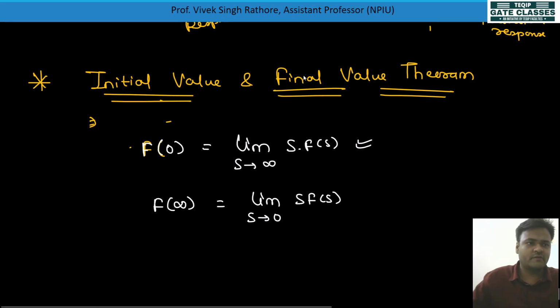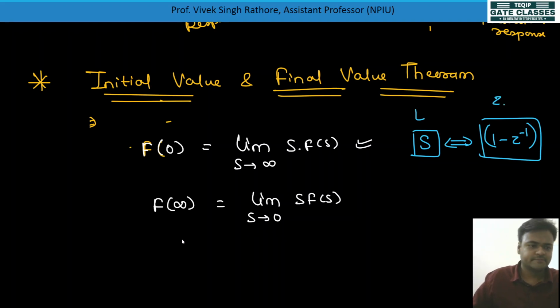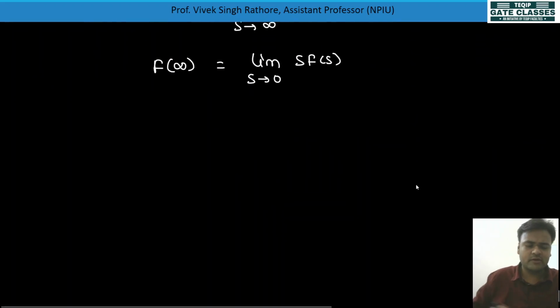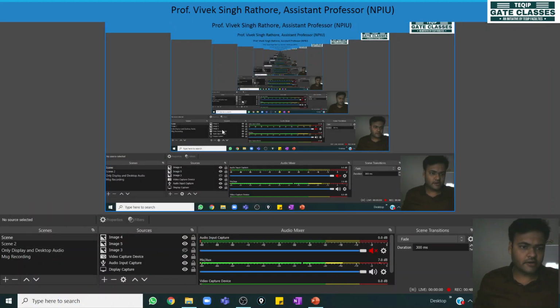Now, as we have seen till now, whatever s is there in the Laplace domain is equivalent to 1 minus z inverse in the z domain. So now we'll talk about how we'll do it in the z transform.